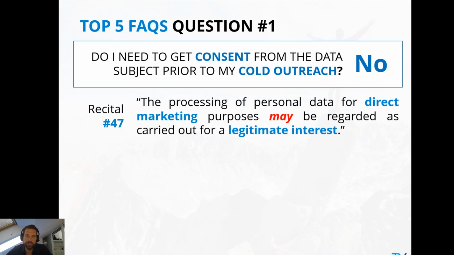Recital number 47 says that you can process personal data for direct marketing, so for cold outreach, if it may be regarded as a legitimate interest. Meaning that you can contact someone if you have a legit reason to do so. But again, the key part here is may.